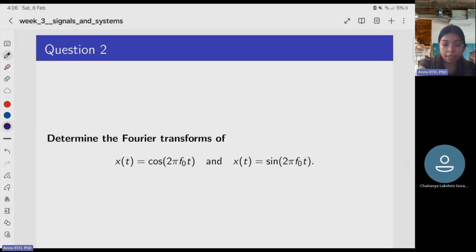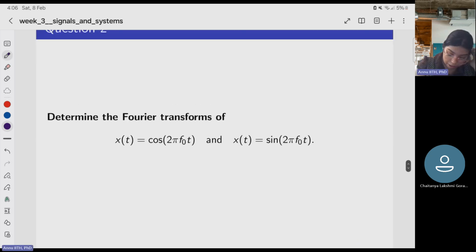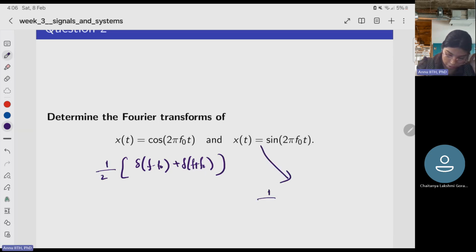So in that case, what will be the formula? The answer is very, very simple. Delta of f minus f naught plus delta of f plus f naught, times 1 by 2. As for this, 1 by 2j, delta of f plus f naught minus delta of f minus f naught.